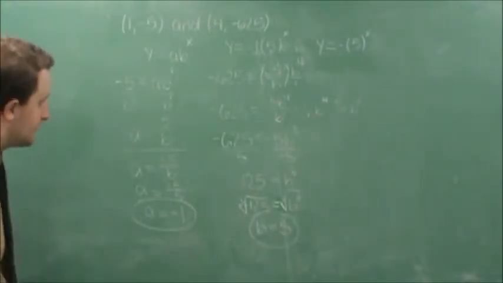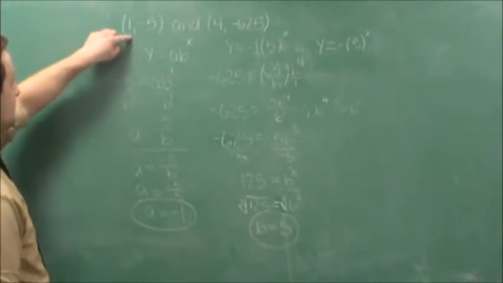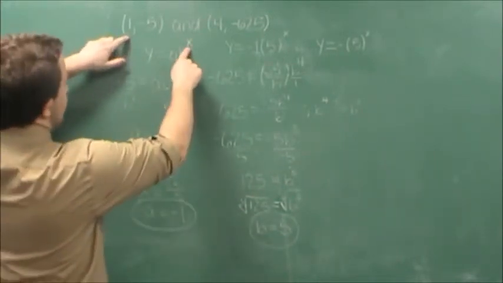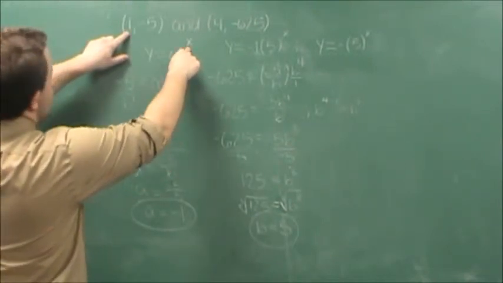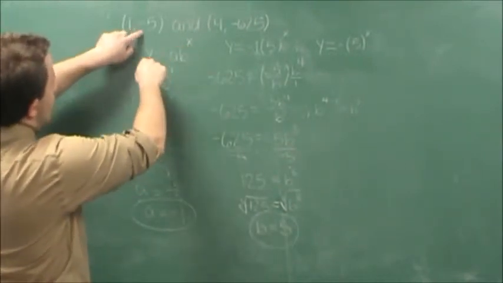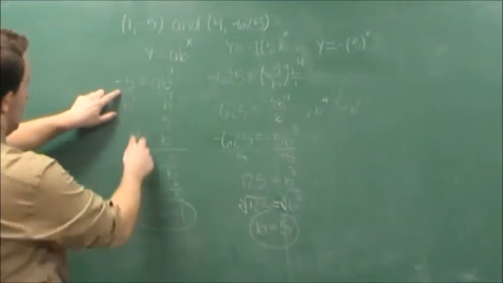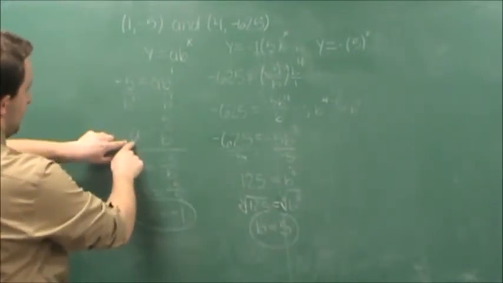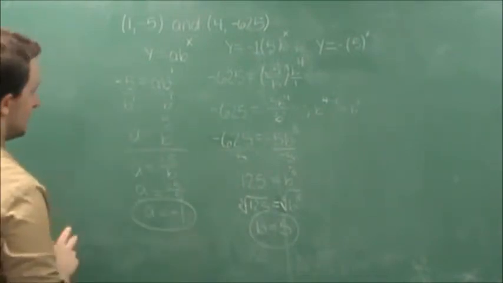So just to review what happened, we took one of the given points, in this case (1, -5), and wherever we saw an x, we substituted in a 1. Wherever we saw a y, we plugged in negative 5. Then we solved for a. We get a is equal to negative 5 over b.